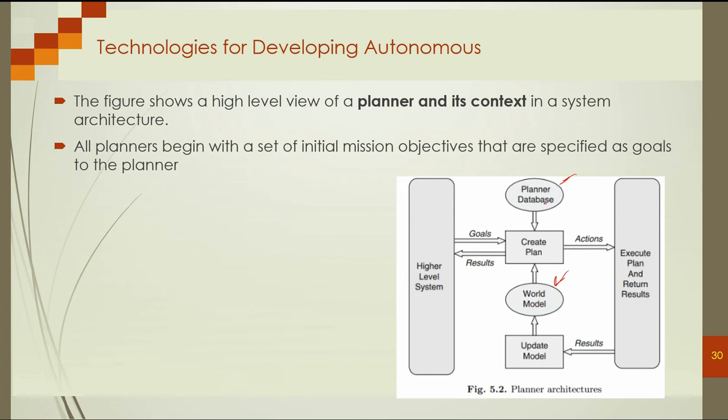The database stores some pre-actions, and also the previous information and the main goal. All of this goes to the appropriate action, and then this appropriate action is implemented using the executable plan. So this figure shows how the planner works with other components of the system.